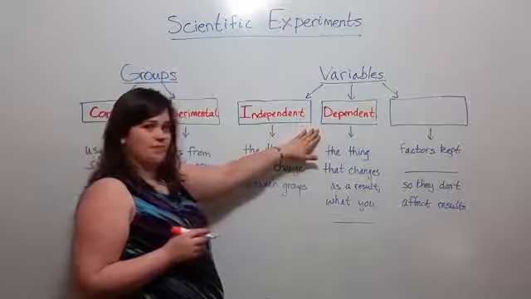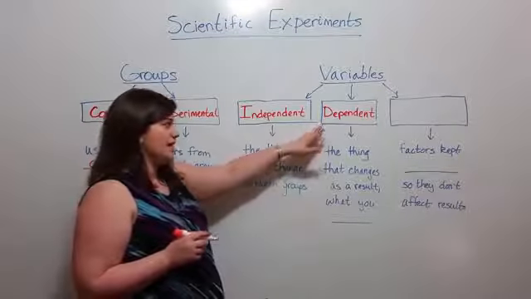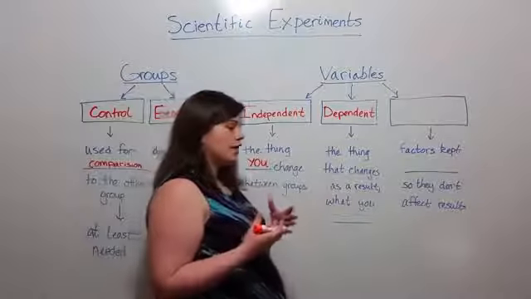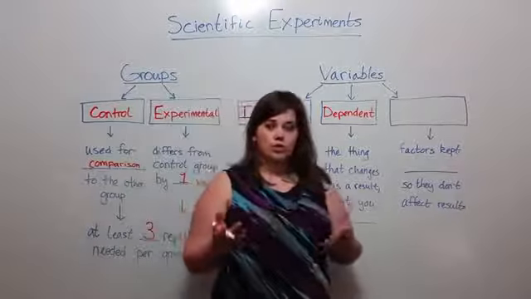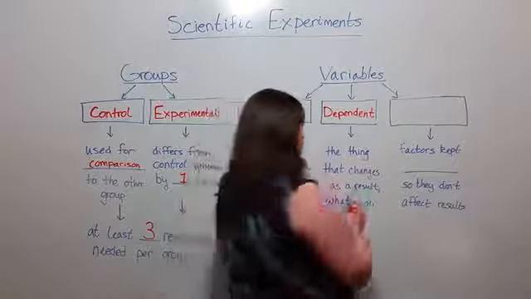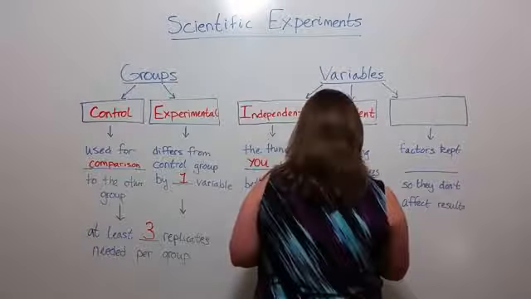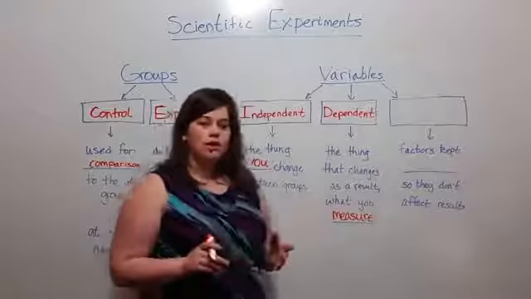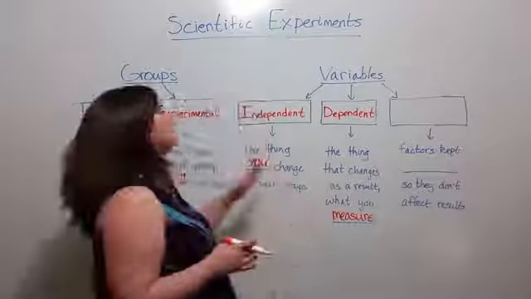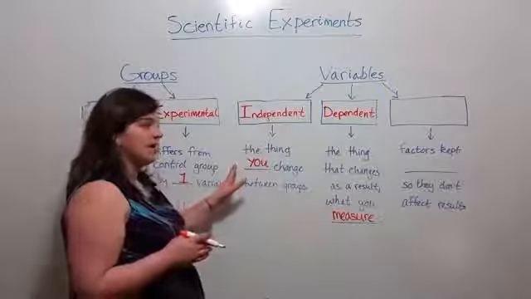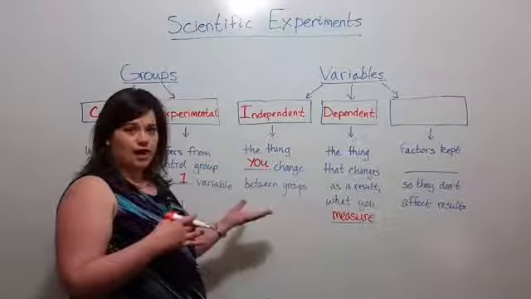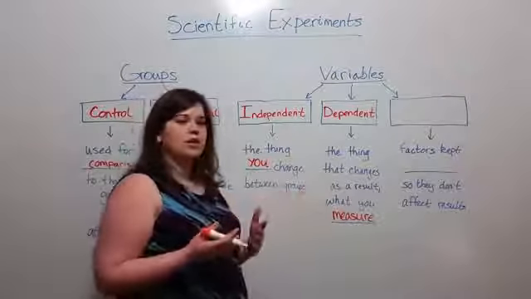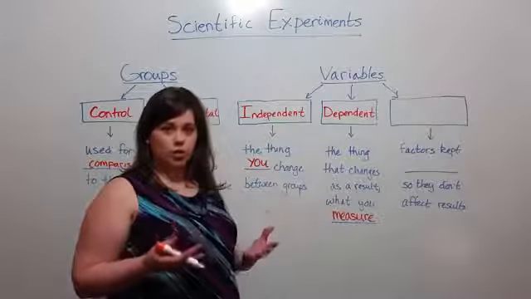Essentially, the dependent variable is the thing that depends on whatever you have changed, and you can think of it as being what you observe or what you measure. So, for example, in our experiment, if the independent variable is the type of light, natural light or purple wavelength light, then the dependent variable is going to be the amount of plant growth.